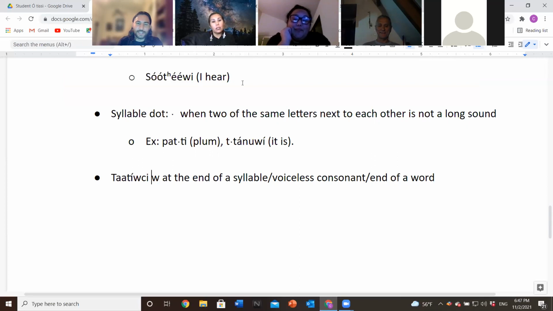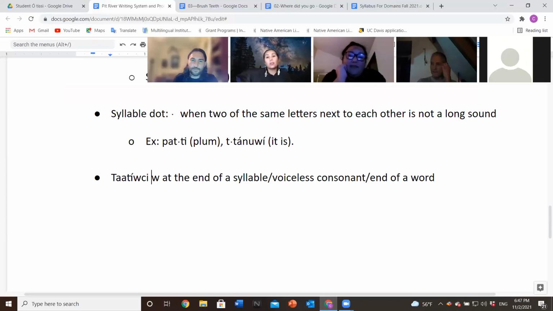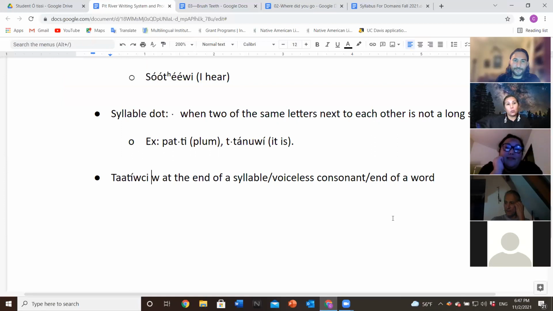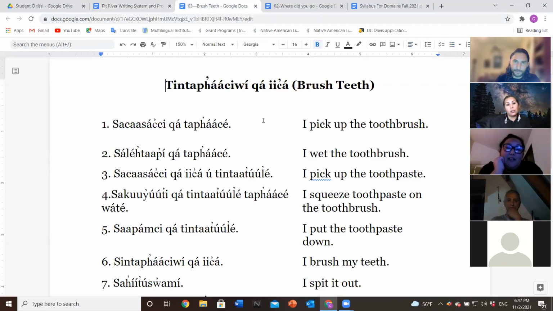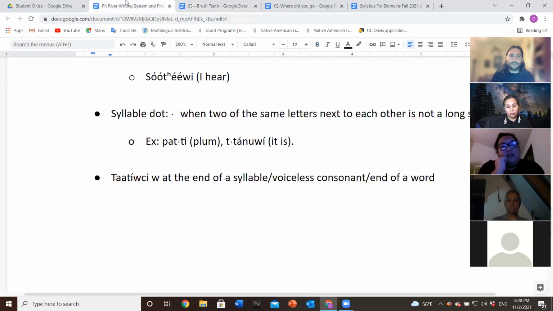We can come back to that if you need practice, because I want to get through this domain, and then we can do a conversation activity. But just remember this funny W. It's like da diuji, basically the end of this syllable.